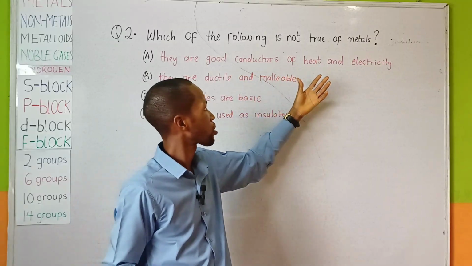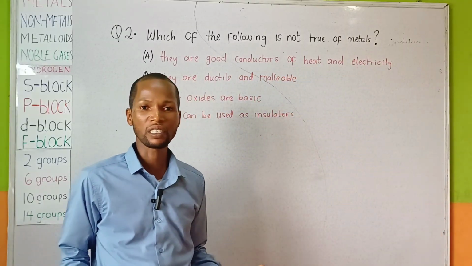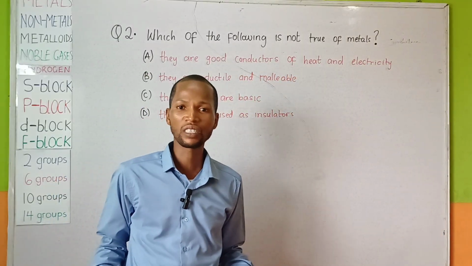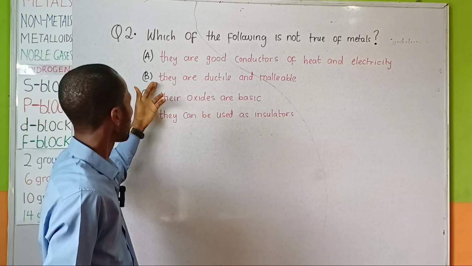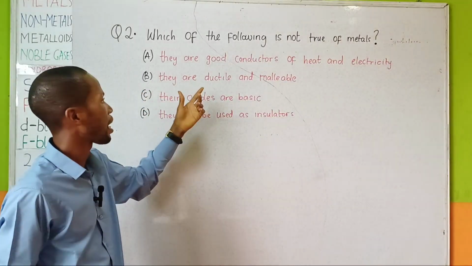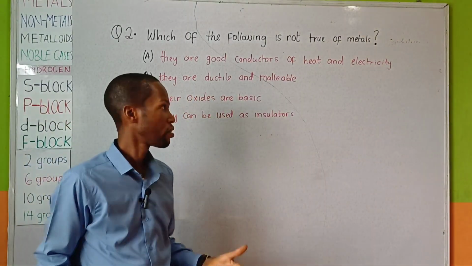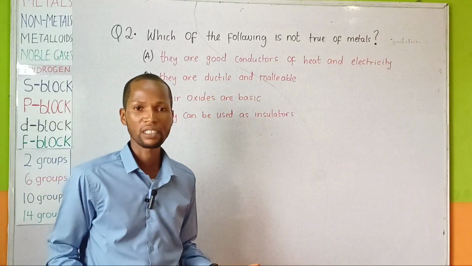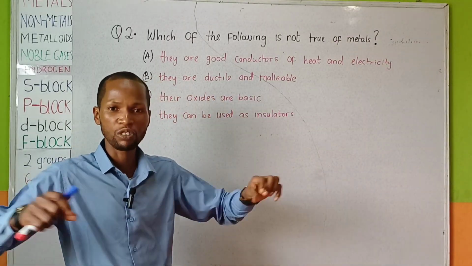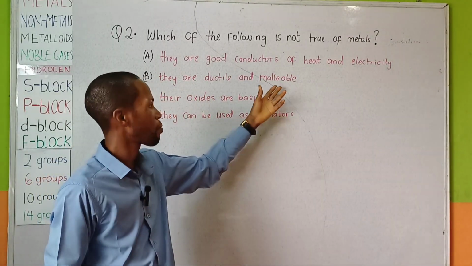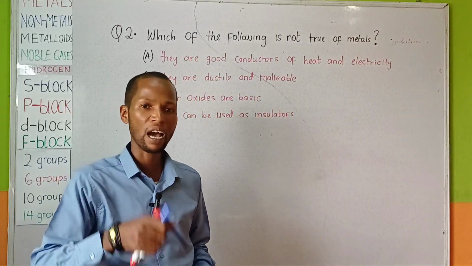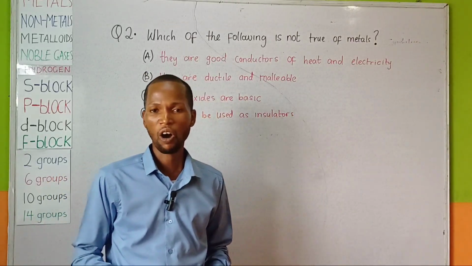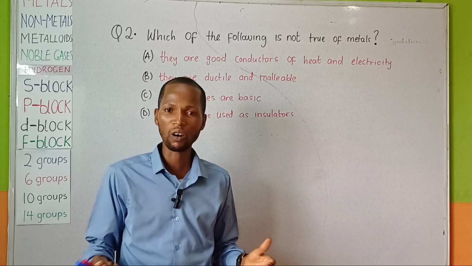Metals are good conductors of electricity, which implies that they contain mobile electrons. Option B. They are ductile and malleable. Metals are ductile. Ductility implies that they can be drawn into wire, while malleability implies that they can be hammered into sheets or pressed permanently without breaking.